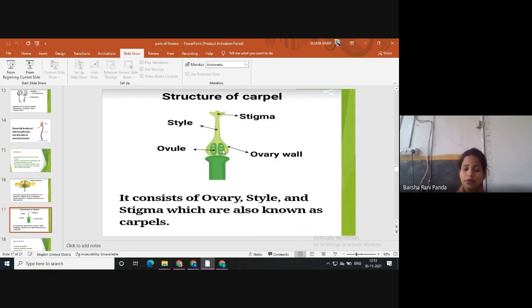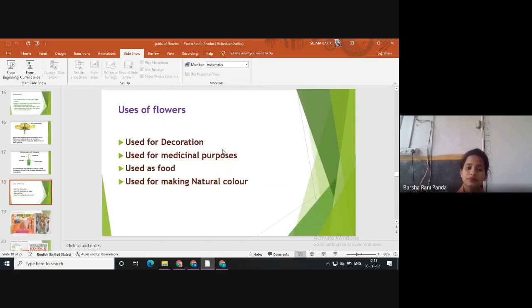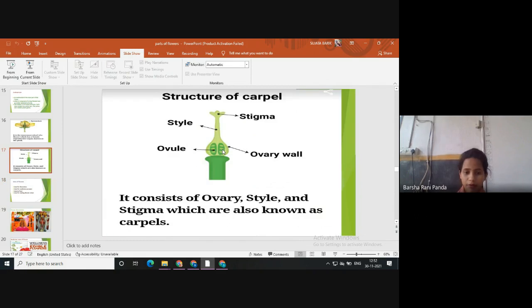So it consists of ovary, style and stigma, which are known as carpels also. Okay, so this is all about the last whorl, that is known as gynoecium, which is also known as the female reproductive part.